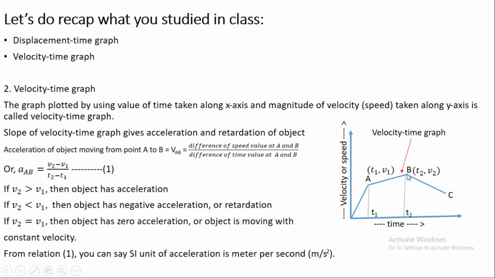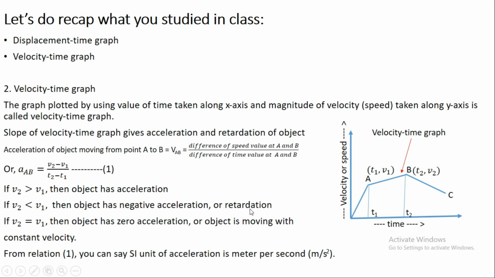But if you consider the object moving from B to C, then as time goes on, the line is going down. This means the velocity of the object is decreasing. In that case, v2 at point C is less than v1 at point B, and the object has negative acceleration. Negative acceleration means nothing but the retardation of the object.